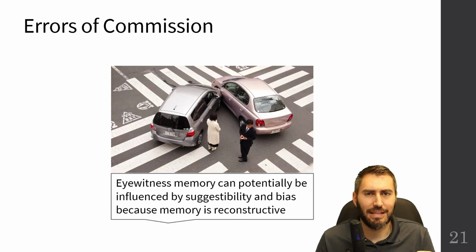With just that little change in the verb, smashed has enough suggestibility that participants in that group reported much higher speeds, remembering the cars going much faster. This really highlights how suggestible and fragile our memories can be, and how we can have these errors of commission, these errors of remembering, due to things like suggestibility.